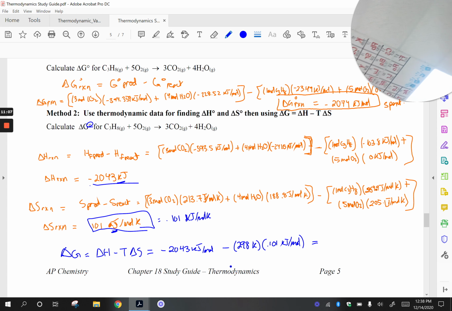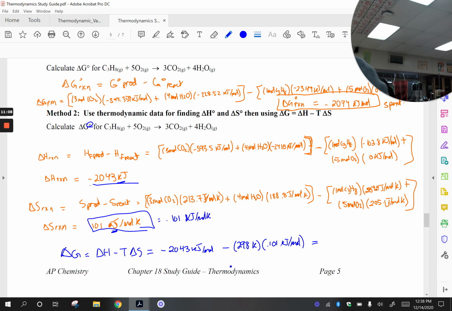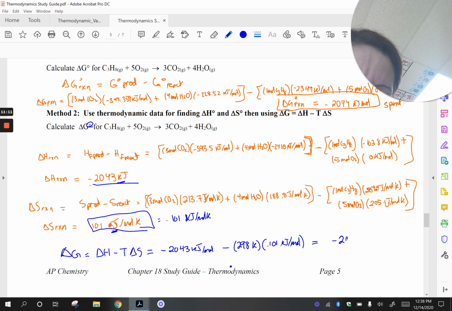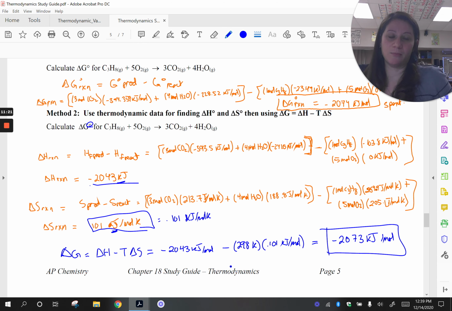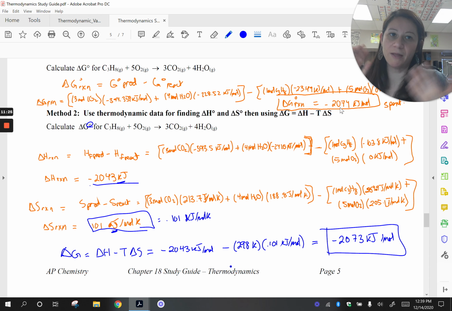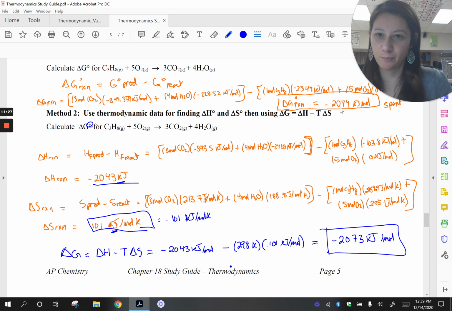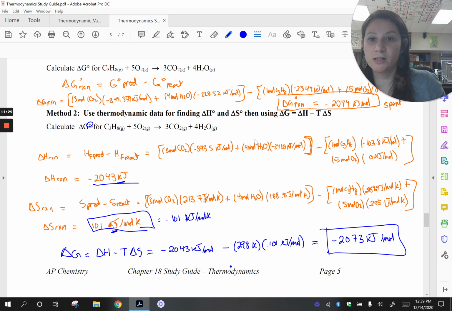And all together, when I calculate my delta G, I got negative 2,073 kilojoules. And so comparing this value with the other method, they're pretty much the same, right? Look at that. So no matter what method you use, you should always get the same value. If this was a different temperature, then you could just plug in whatever temperature and it'll give you delta G at that temperature.